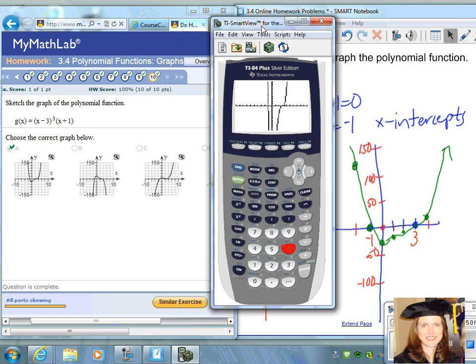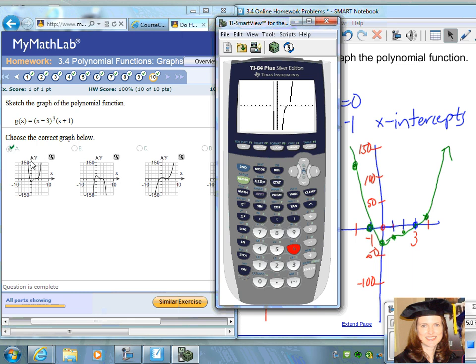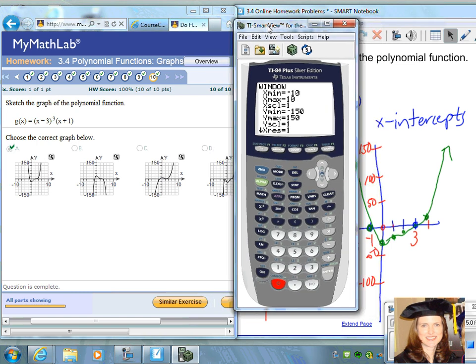And if you notice all the choices, the y goes all the way up to positive 150 and negative 150. So if you change your window and change the y min, the lowest y, to be negative 150, and the y max to be positive 150, you'll begin to see a graph that looks more like the choices given. And then I press graph, and you see that this graph does look a lot like choice A.